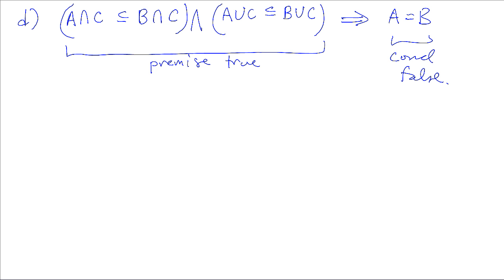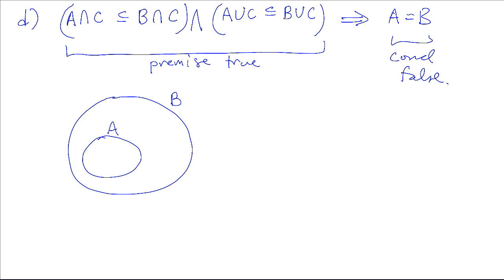We have A intersect C being a subset of B intersect C. Why don't I make A a subset of B to start with? A, B, and then A intersect C will be a subset of B intersect C.